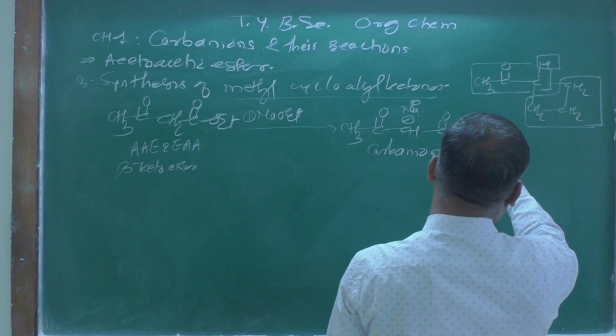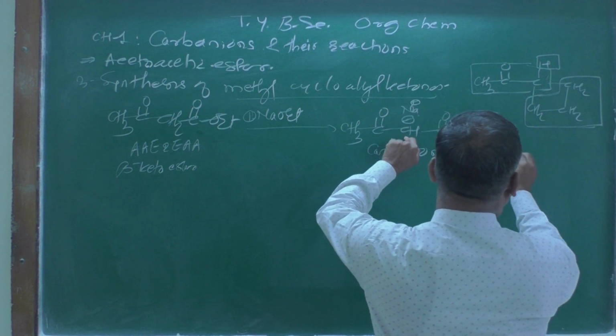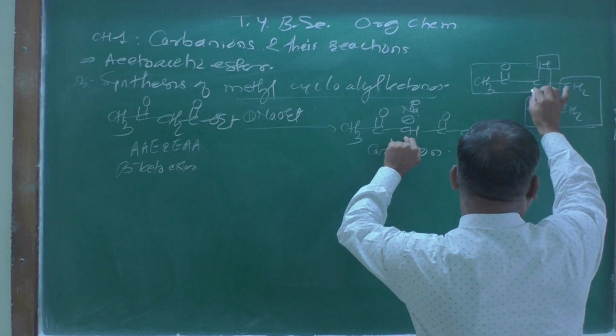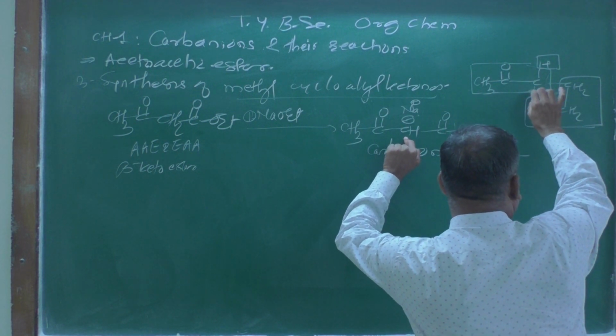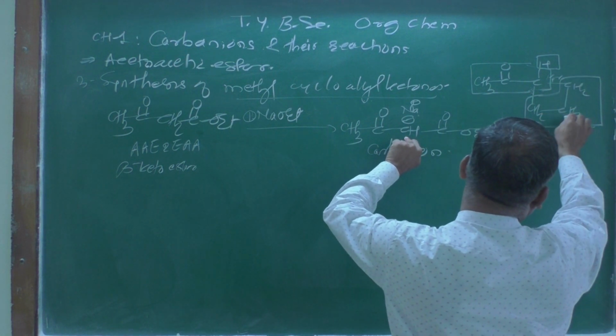And what will be the next step? Next step, this compound is treated with this one. I am writing by observing this. Here I am going to attach Br, here also I am going to attach Br, meaning there are CH2, CH2, CH2.